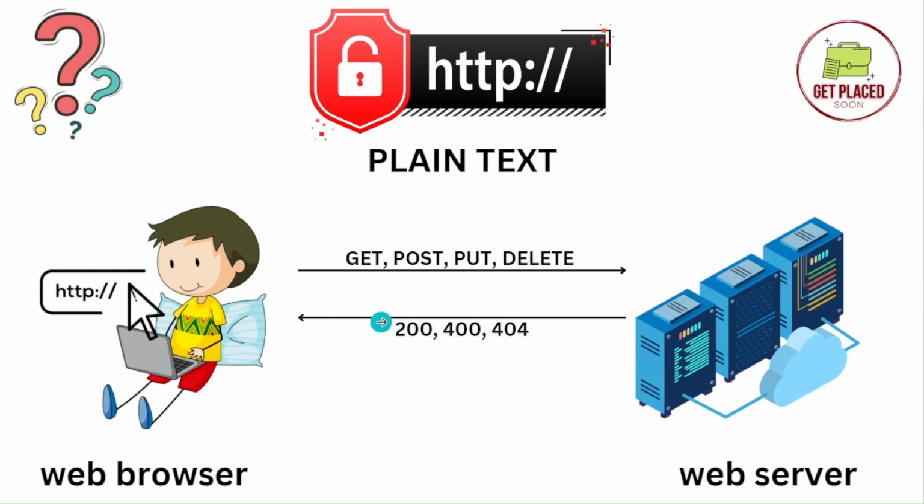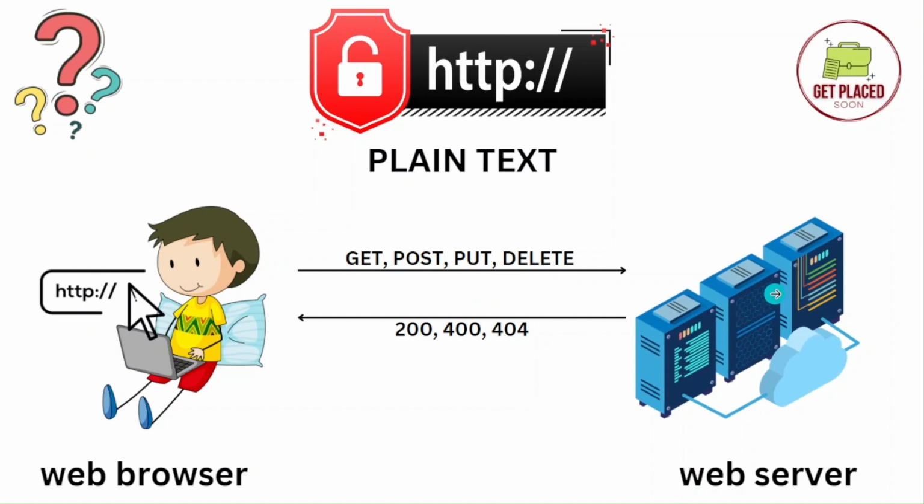In general, the communication is done using these types of words. For example, the request types are get, post, put, delete. Get is used to retrieve data, post is used to submit data, put is used to update data, and delete is used to remove data.